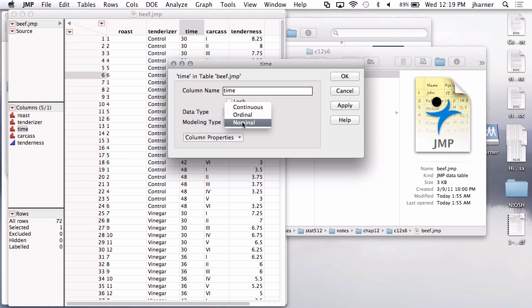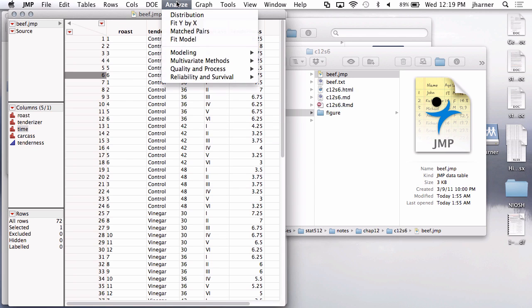Now, you could technically change it to ordinal, because it is on an ordinal scale, going from 30 to 36 to 42 to 48. So we could have done this as an ordinal. And in fact, if you did that, then by default, R uses orthogonal polynomials. But I'm not in R.